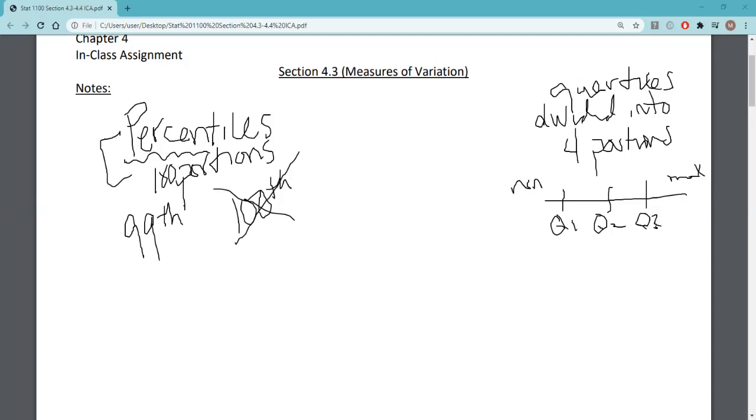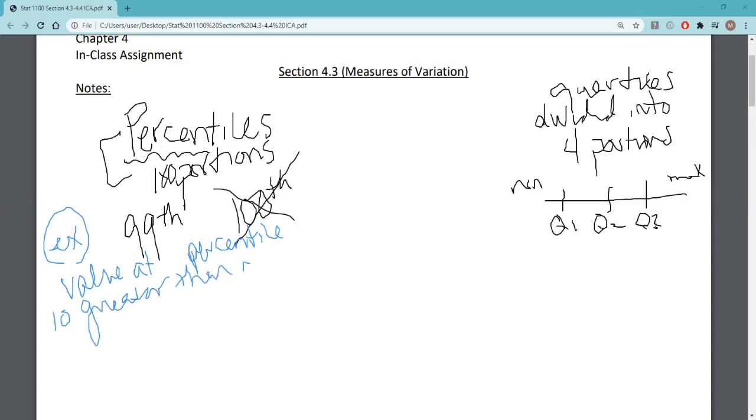Let me change my color here. So what a percentile represents is, for example, if we're talking about that 99th percentile, we would say that a value at the 99th percentile is greater than or equal to 99% of the data.